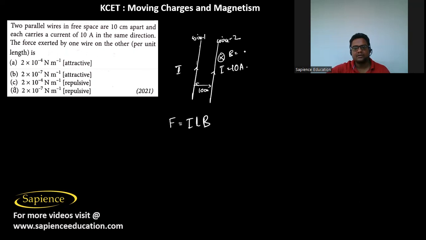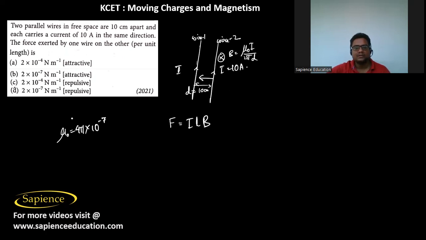The magnetic field will be equal to mu naught I by 2 pi d, where d is 10 centimeter, and we know that mu naught equals 4 pi into 10 power minus 7 in SI units. And so the force acting will be I L cross B. So the force will be toward the wire.